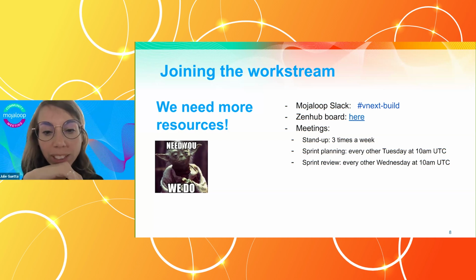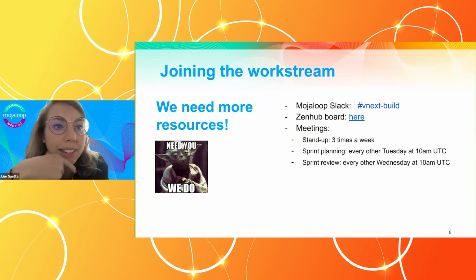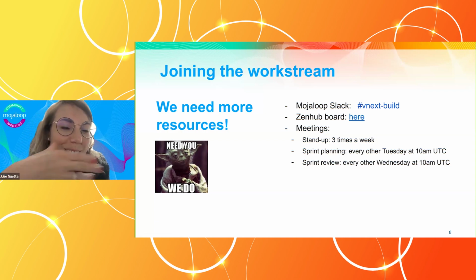We have sprint planning every other Tuesday at 10 a.m. UTC, and we have sprint review every other Wednesday at 10 a.m. UTC as well. If you want to contribute, please feel free to join this work stream. Please feel free to contact James or me as well, and we can guide you towards a task and so on. There are really plenty of tasks to complete, so we are not lacking work on this work stream.